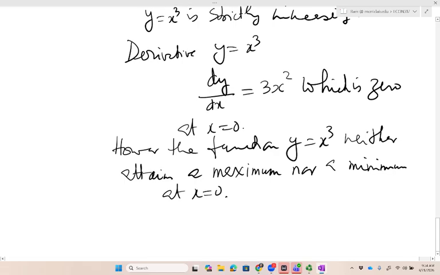So we call such points inflection points. This point is called an inflection point.